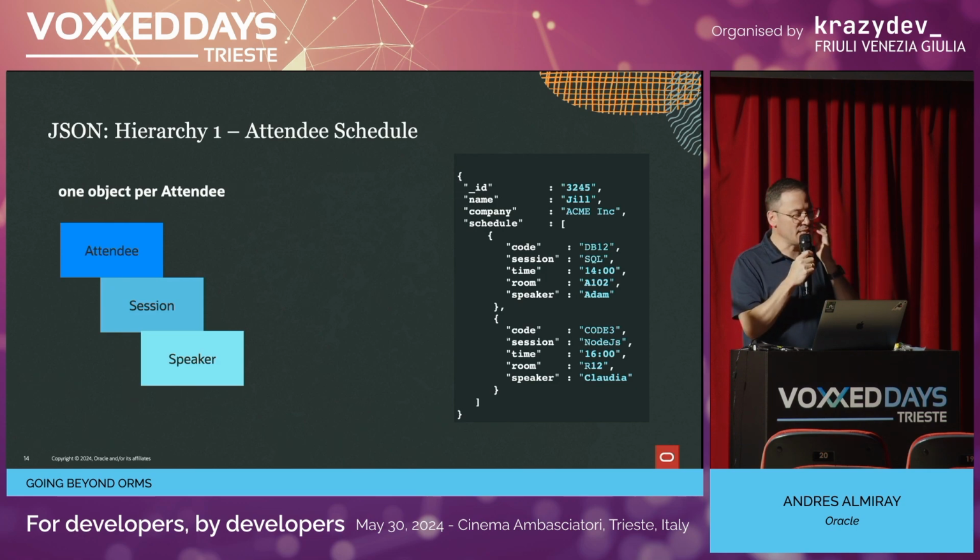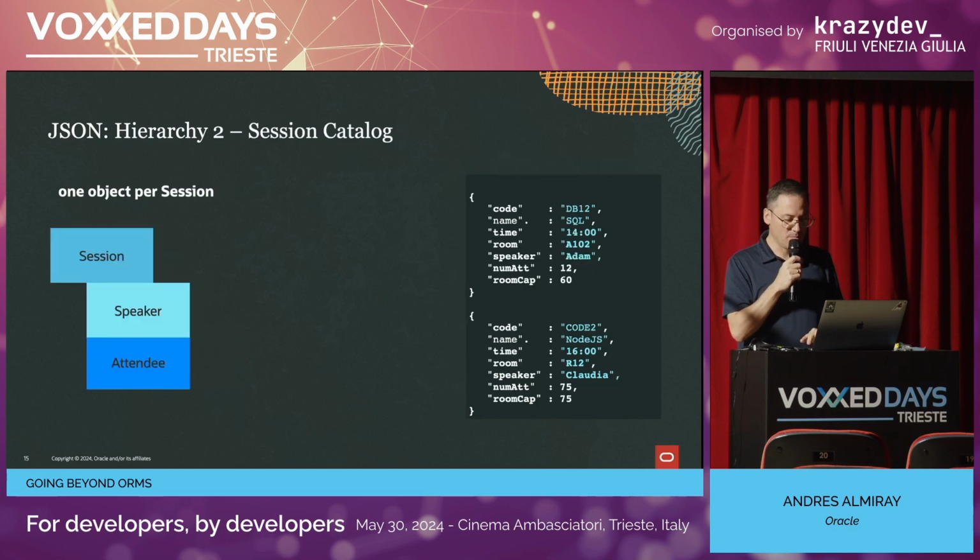It's up to you. In this case, we have chosen the attendee. And in case of the attendee, when we want to display the schedule for that given attendee, what they have chosen, you can see that it has embedded elements for the session and the speaker. And as a matter of fact, the speaker itself has been lifted and associated with the session itself instead of being a nested element.